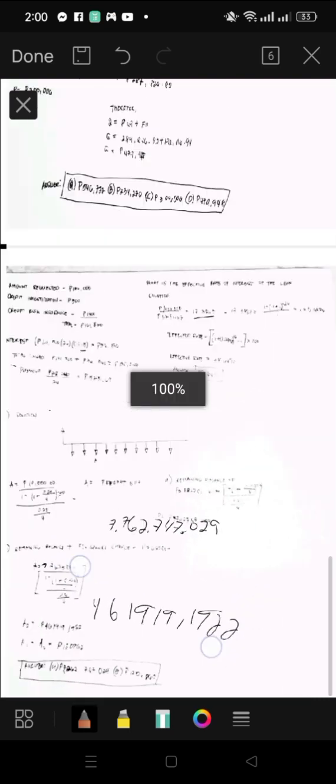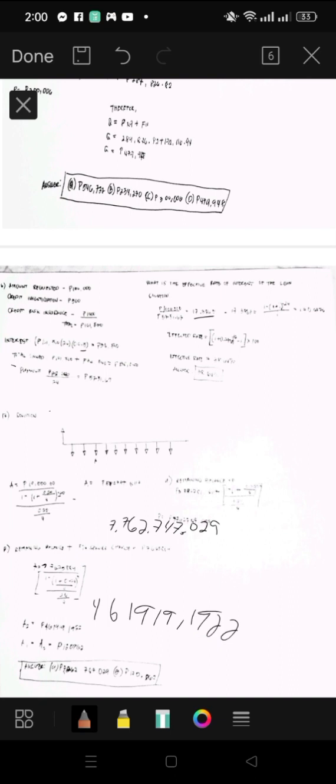Then A1 minus A2 is equal to 120,862. So that is the final answer for B.